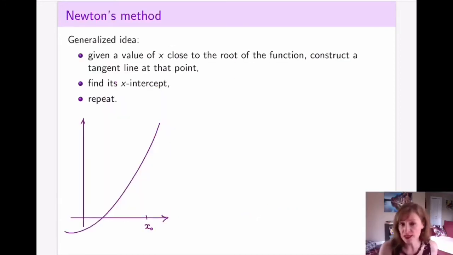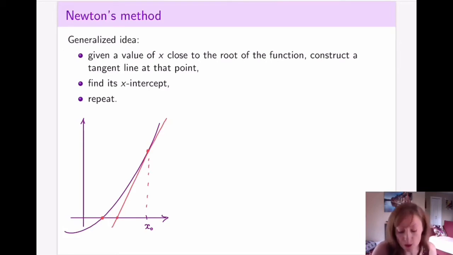So the general idea is that we will start with a value close to the root of the function, or the x-intercept. So this is the guy we're trying to approximate right here. We will construct a tangent line at our point of choice. We will find its x-intercept and then repeat the process, okay? So graphically, again, we will go up to the function here, construct a tangent line at this point.